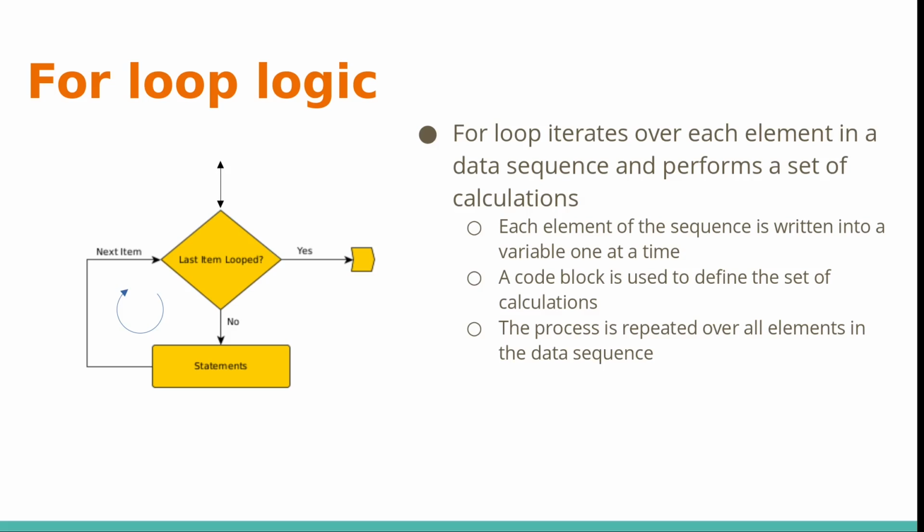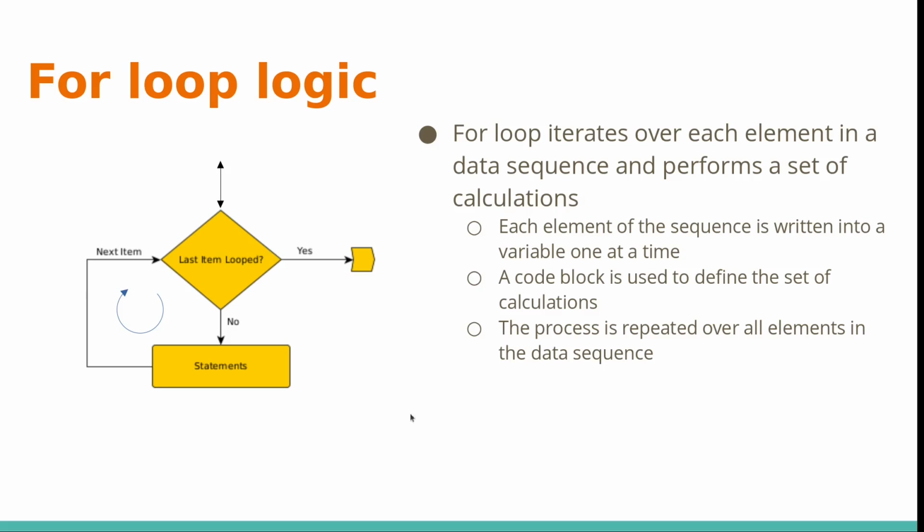What a for loop does is it essentially goes in, picks the first element, and then it checks if all elements in the list have been completed. So clearly, for the first element, it says that I have not performed any calculations on this first element. So it goes down. This condition comes out to be no, because I have not looped over the last element, and then it performs a set of statements.